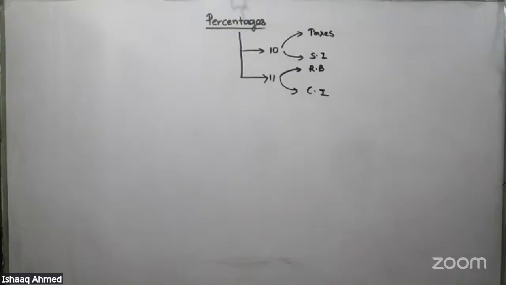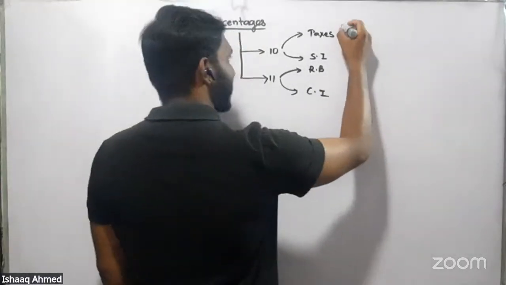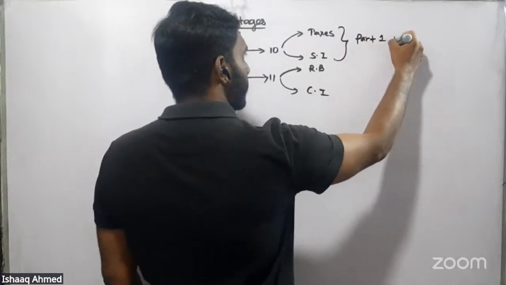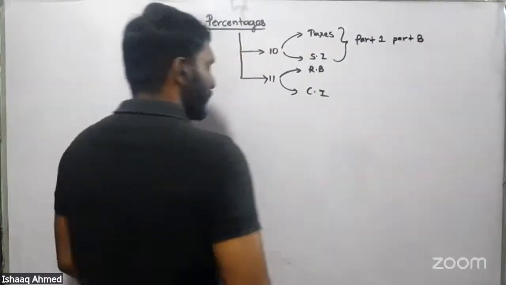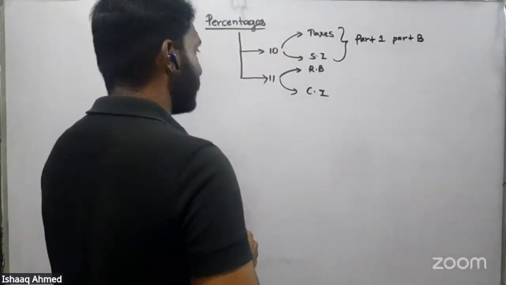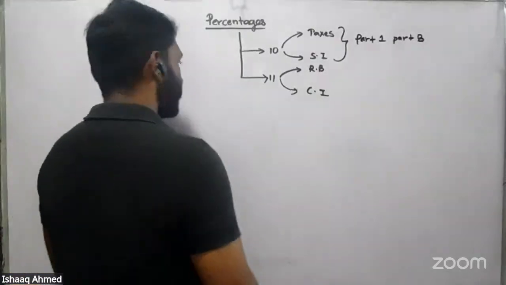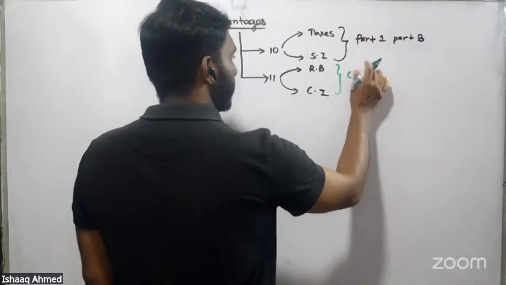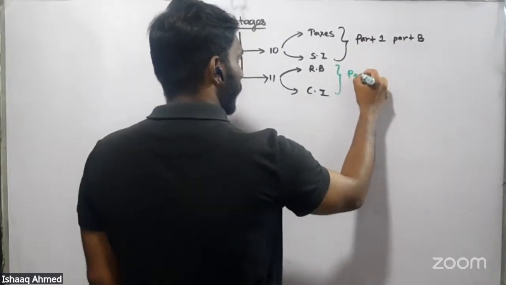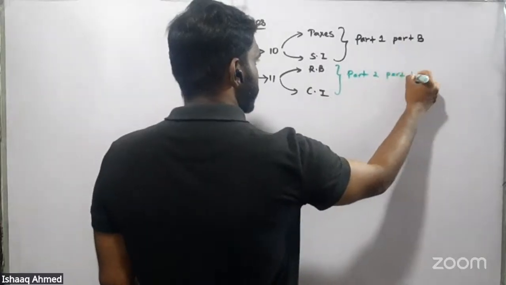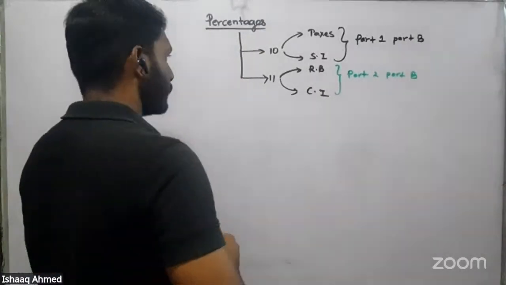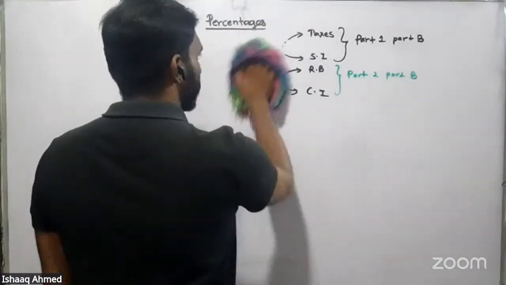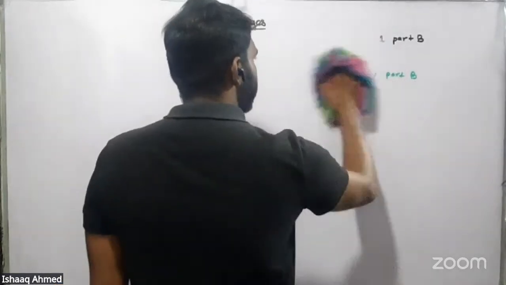Usually tax and simple interest will come in part 1, part B. So the thing that we are going to focus on in part 2 is reducing balance and compound interest. Right. First of all, we'll see compound interest.